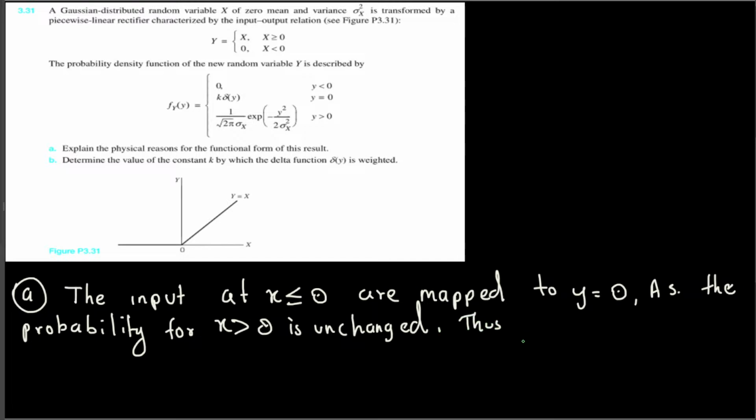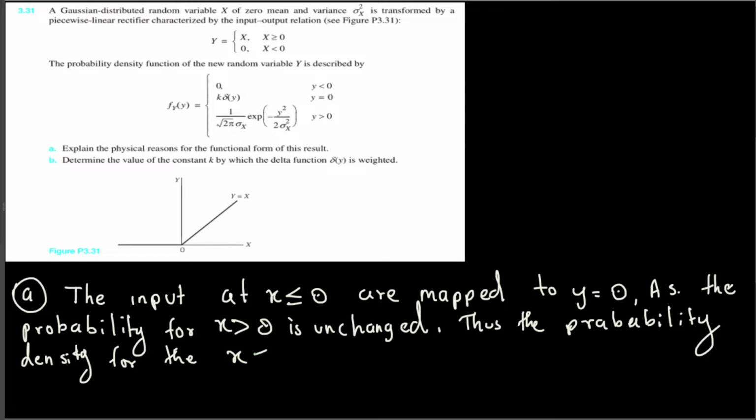Thus, the probability density for x less than or equal to 0 must be concentrated at y equal to 0. Okay, and that's the answer for part A of this question.